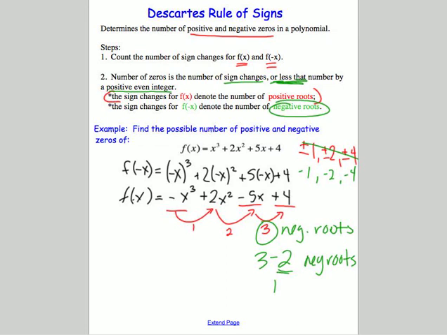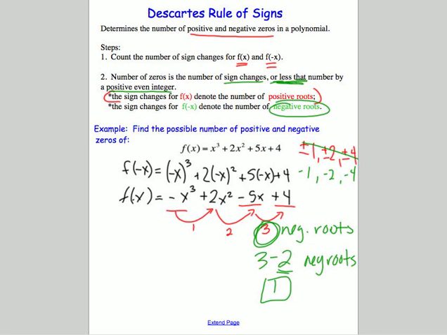So maybe there are 3 negative roots, or only 1 negative root, or negative 1 negative roots, which doesn't make any sense. So it's going to be either 3 or 1.